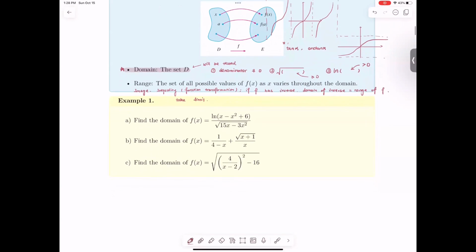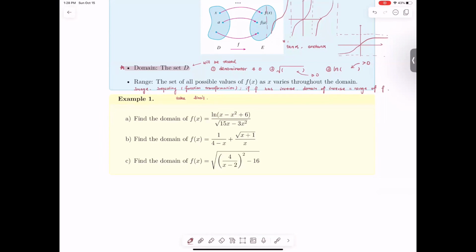So it really depends. But the functions you see in 135, a lot of them can be solved using function transformations. A lot of them.